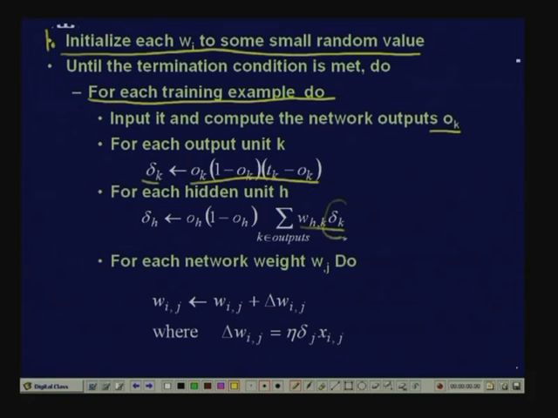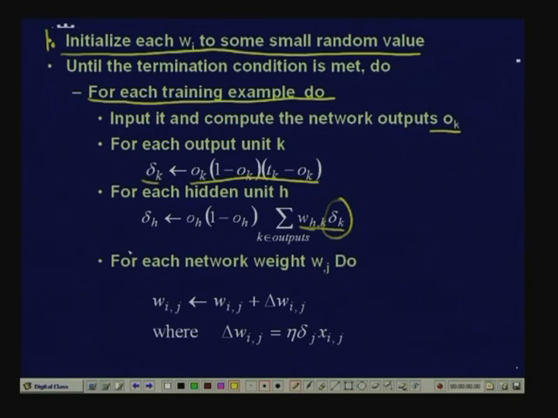Delta k is what is coming from the kth output unit, and Whk is the weight of the arc connecting this hidden unit with the kth output unit. We compute delta k initially at the output nodes, then at the node above the output node, then at the node above that, and so on.